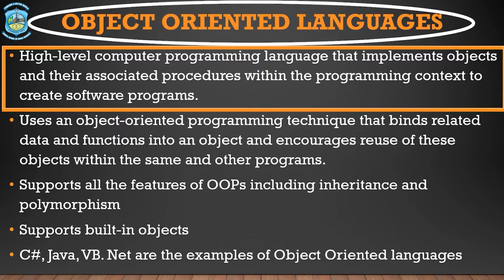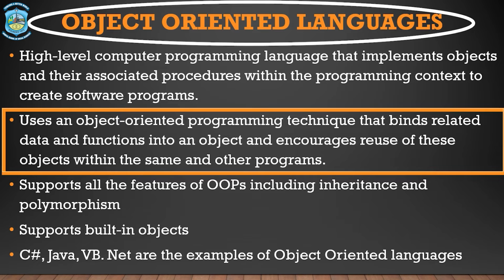The major feature here is that objects are being created and they are the basic entities of an object-oriented language. It uses an object-oriented programming technique and it binds related data and functions together into an object, and then it encourages reuse of these objects within the same and other programs. So here, one thing to note is binding of data and functions into an object.